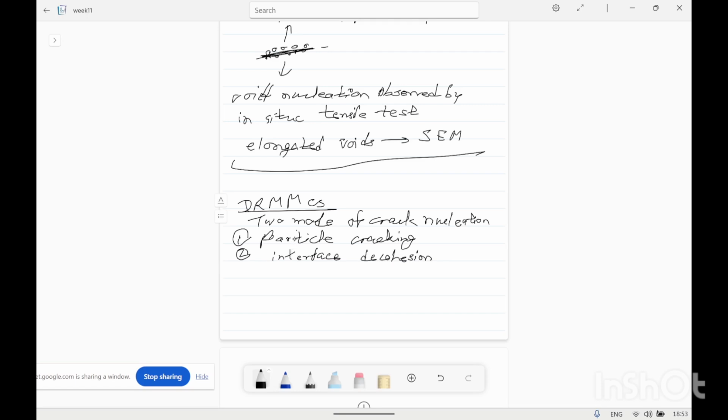So which mode occurs first depends on the particle size and the interfacial bonding strength.